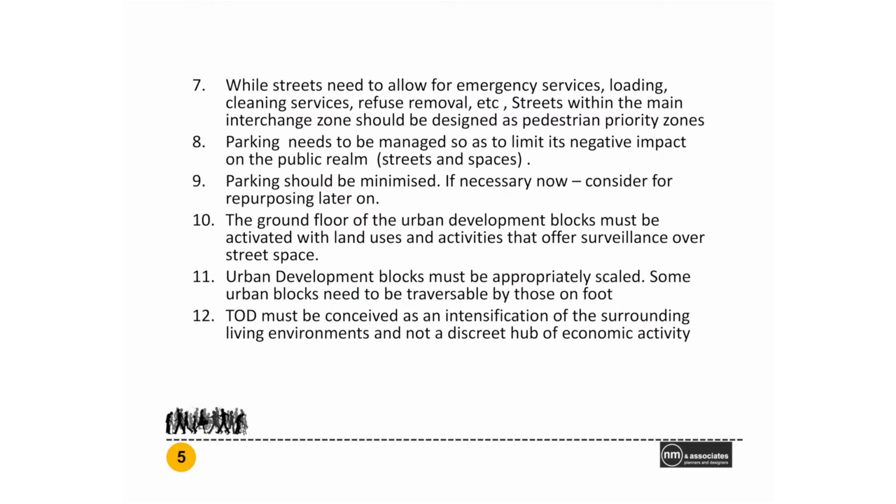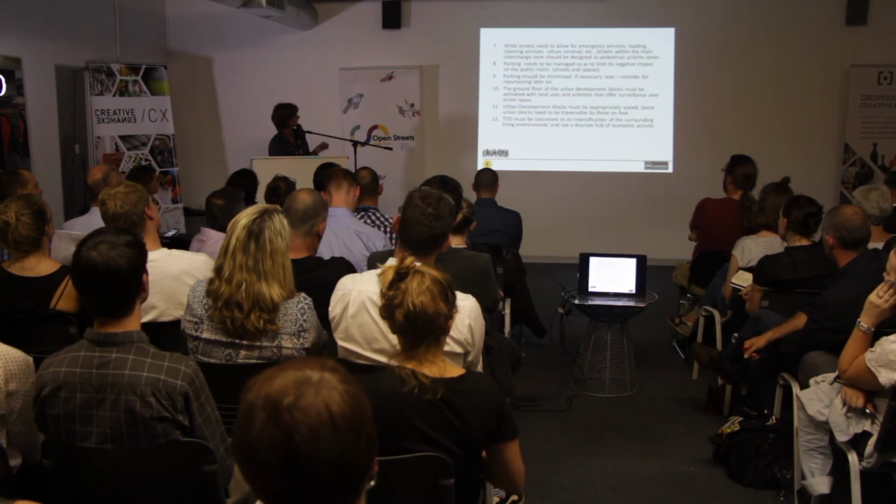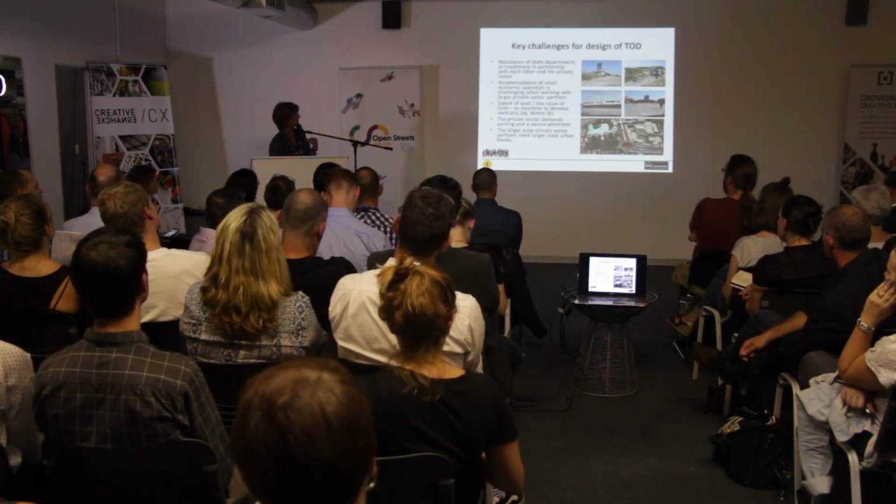The ground floor of the urban development blocks needs to be activated. Urban development blocks must be appropriately scaled. In some cases, they can get too big, and we need to start talking about how those urban blocks can be traversable by people on foot when they get too big. And TOD must be conceived as an intensification of the surrounding living environments, not a discrete economic hub.